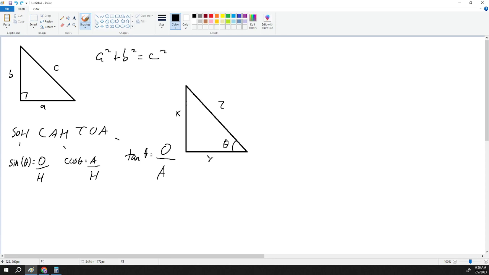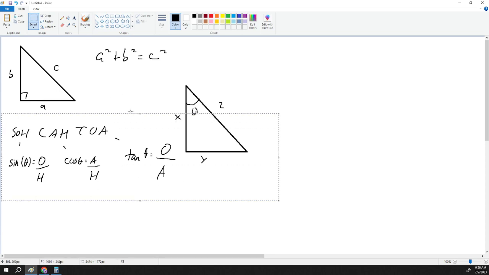So, kahit dito, if we have our angle up here instead, y will be the opposite of this angle. X is adjacent to this angle. And z will be our hypotenuse.